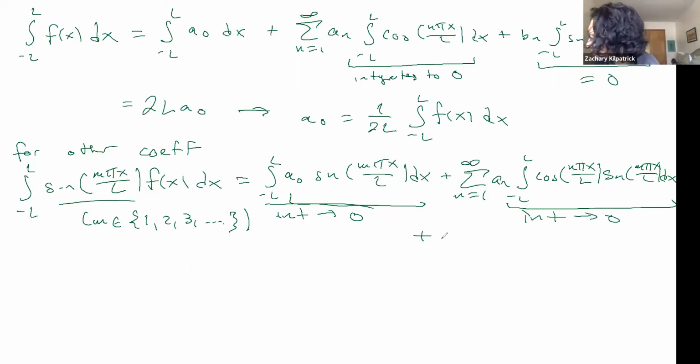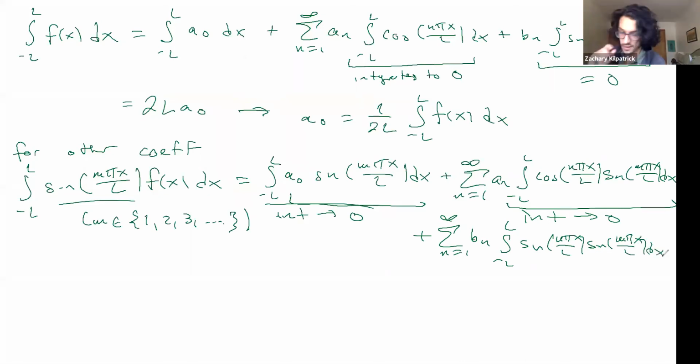And then this term here, right? I'll write this as a separate sum, bn integral from minus L to L of sine of n pi x over L, sine of m pi x over L dx. These are going to be orthogonal to one another, basically unless m equals n in this case, okay?